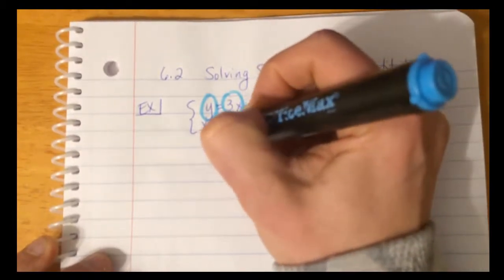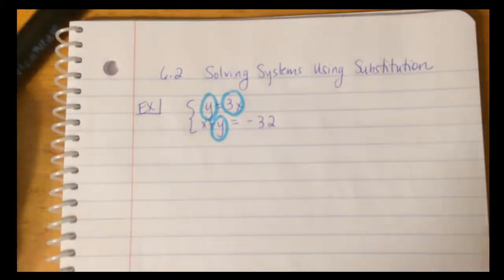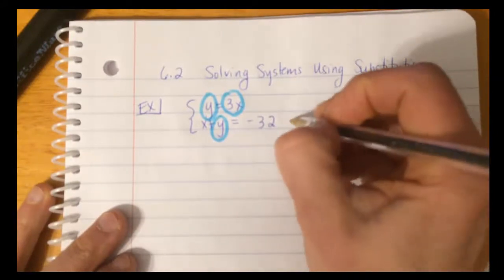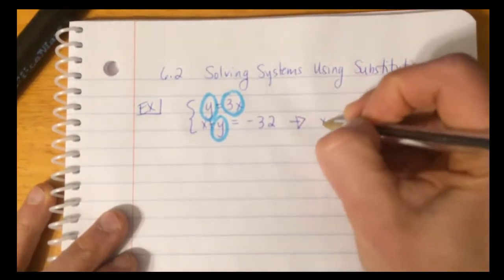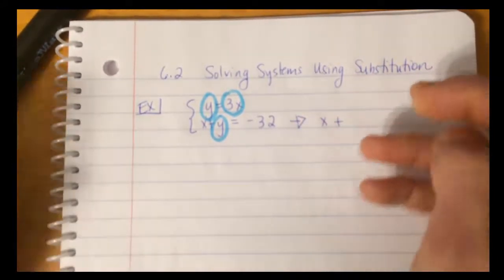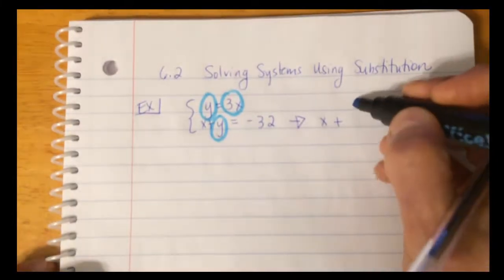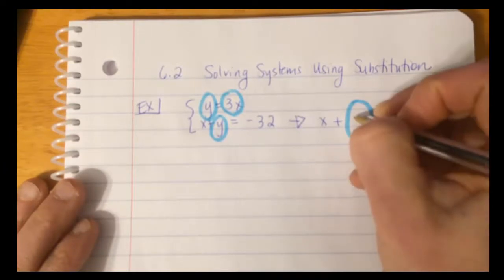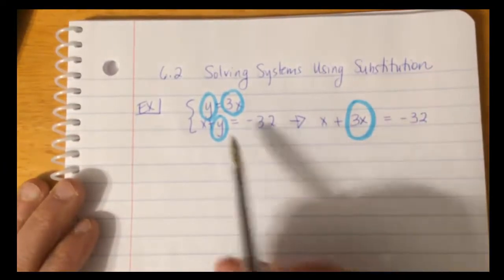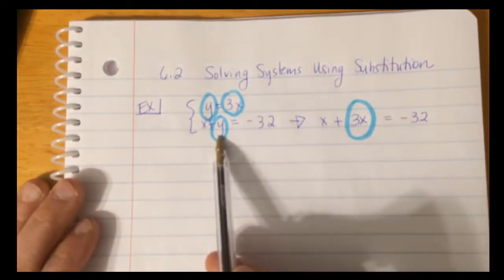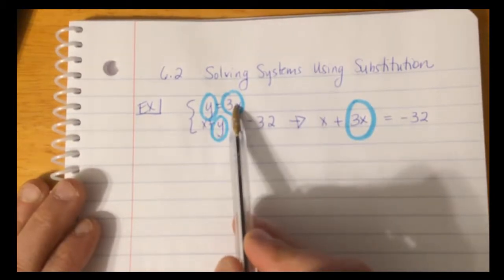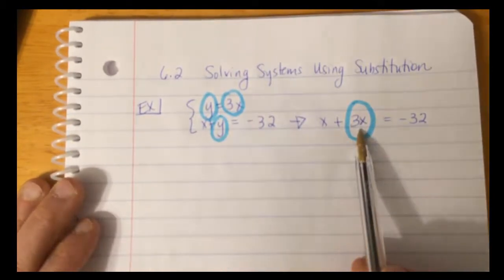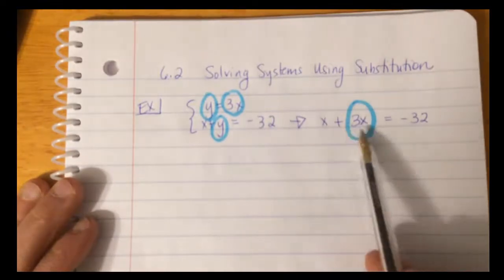I'm going to rewrite my second equation: x plus, and in the place of the y, I'm going to write 3x. So here there used to be a y, but y is the same as 3x, so now I've got a 3x here.